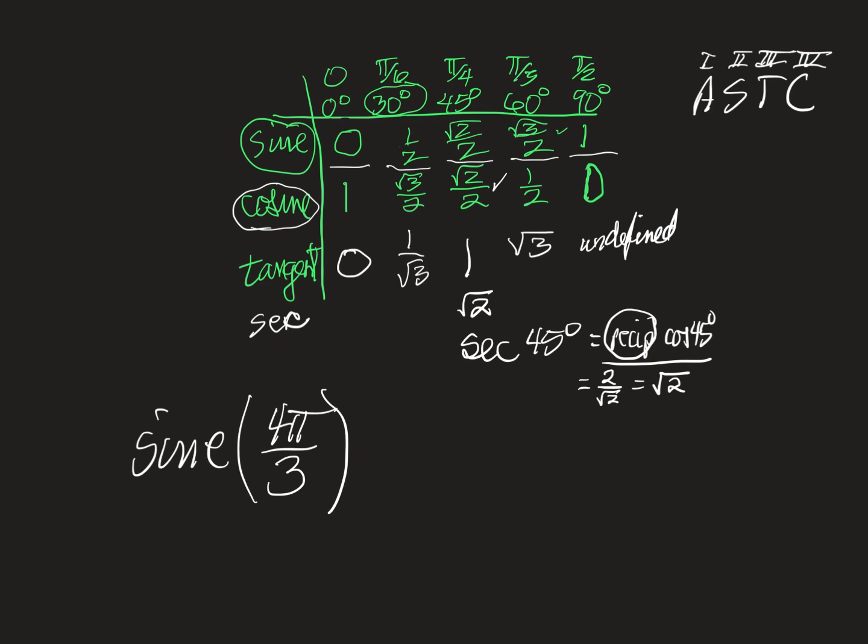And in quadrant 1, all trig functions are positive. In quadrant 2, students, only the sine function is positive and its reciprocal cosecant. In quadrant 3, only the tangent function is positive and its reciprocal cotangent. And then in quadrant 4, only cosine is positive and its reciprocal secant.